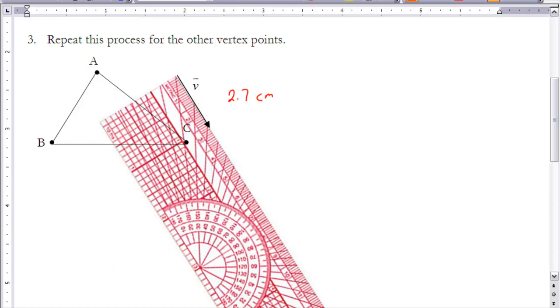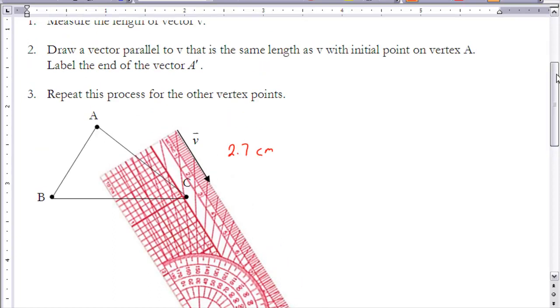The second thing the directions tell us is to draw a vector parallel to V that is the same length as V with an initial vertex of A, and label the end of the vector, the terminal point, as A prime. So I'm going to take my ruler and move it over where A is.